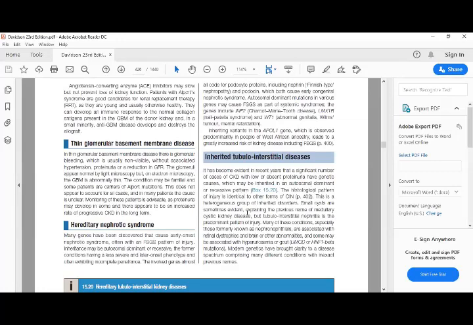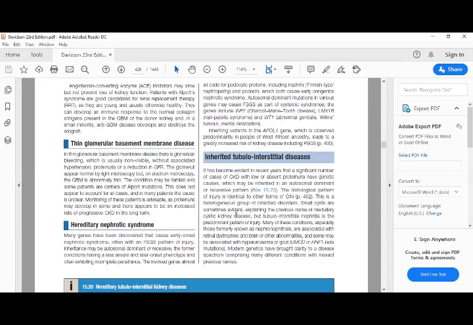The histological pattern of injury is identical to the forms of chronic interstitial nephritis. This is a heterogeneous group of inherited disorders.